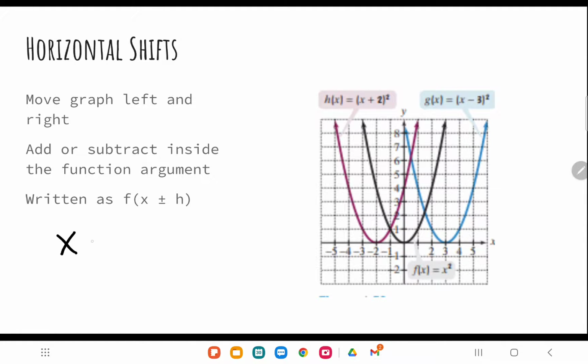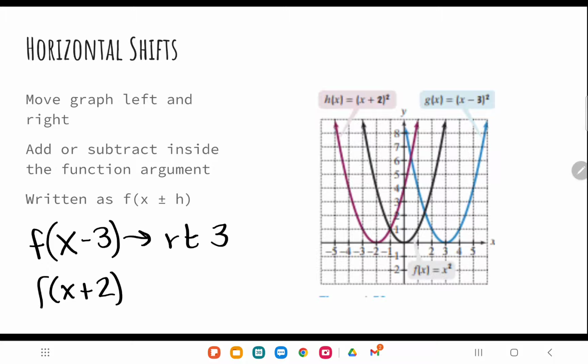So you want to be sure that that x minus 3 inside the function argument translates to right 3 units, because we're subtracting 3 from that x coordinate, and so it's resetting at 0. Similarly, when we have f of x plus 2, this is going left 2 units. Whatever x coordinate you have will have 2 added to it.